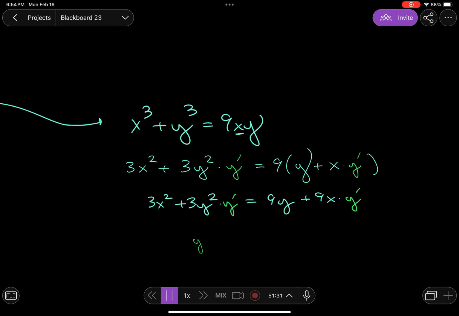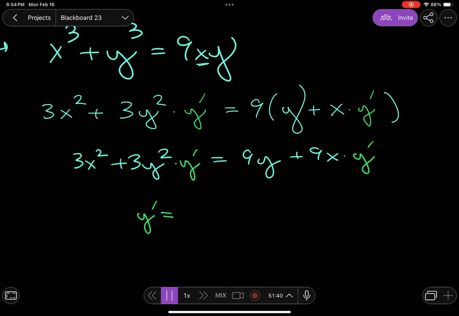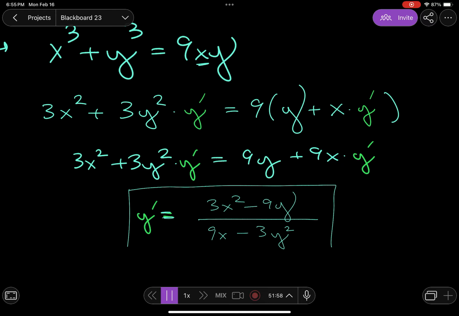That tells me that y prime is the same thing, after a little bit of algebra, as 3x squared minus 9y, all divided by 9x minus 3y squared. And that's it. And I want to evaluate this at 2, 4 and 4, 2.